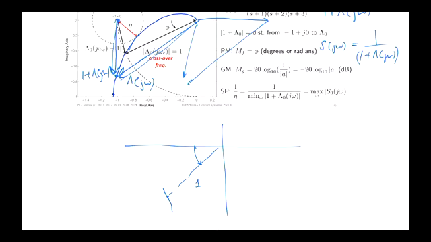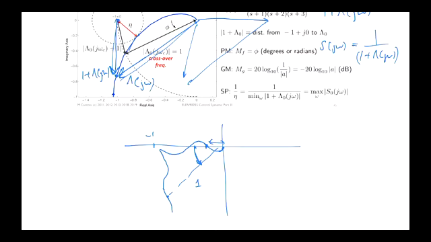And then at some high frequency, at the frequency where the phase of lambda is minus pi, we might have really small magnitude, giving us a large gain margin. But if we look at the critical point minus 1, even though we've got a large phase margin and a large gain margin because that's small, we could end up with something like this.